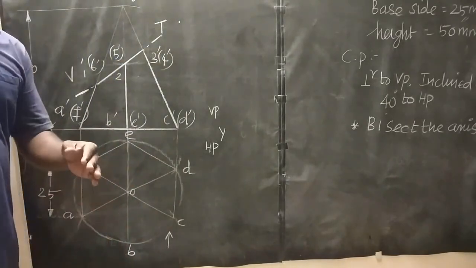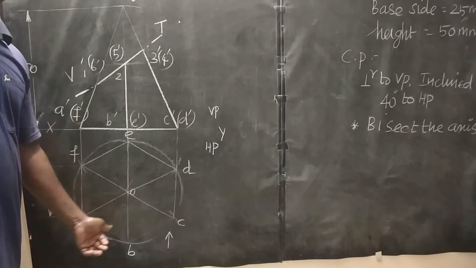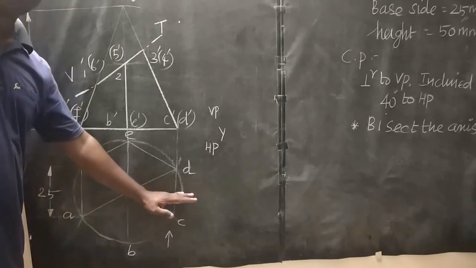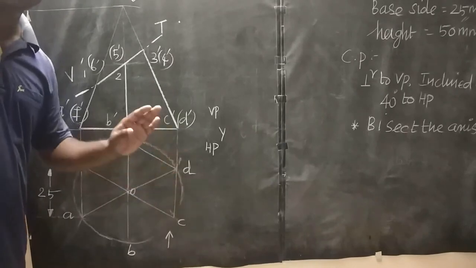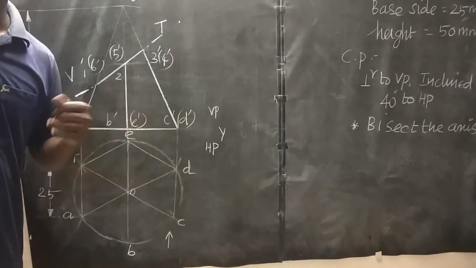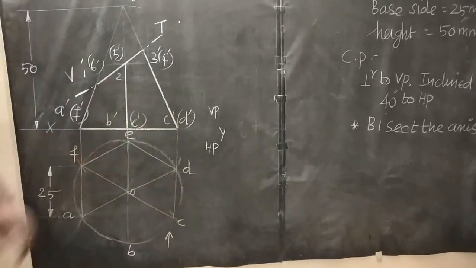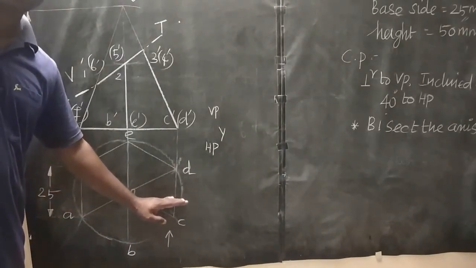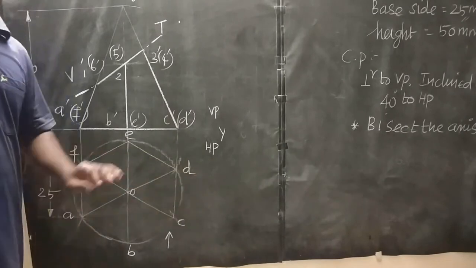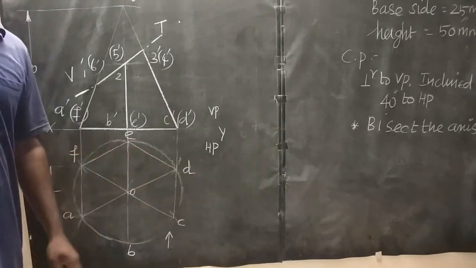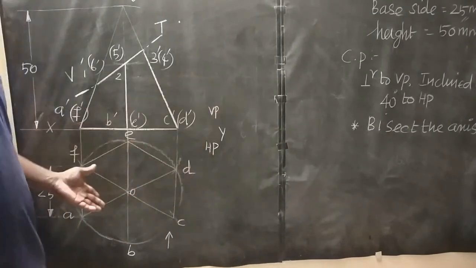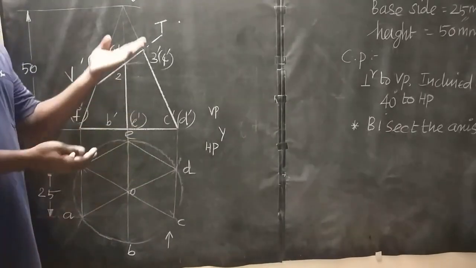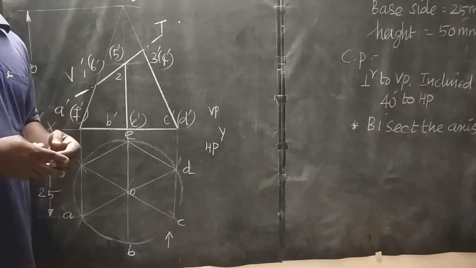True slant edge length is nothing but the slant edge which is parallel to VP; that slant edge is considered as a true slant edge. See here in the top view, the slant edge which is parallel to XY, we consider as true slant edge. But in this problem, none of the slant edges is parallel to VP, so we couldn't get true slant edge length here.